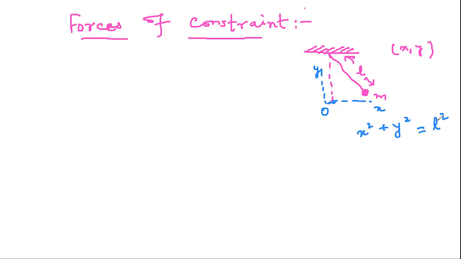Now, when you use this constraint, you see that actually there is only one independent variable in the system, and that we take the angle made by the string with the vertical, that is theta, right?